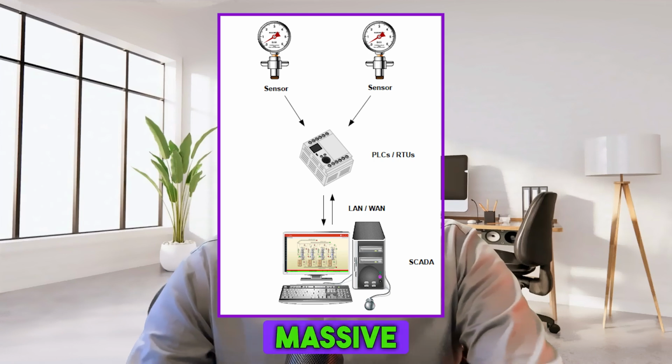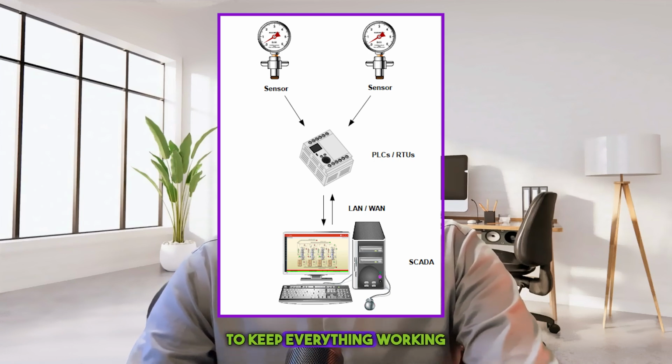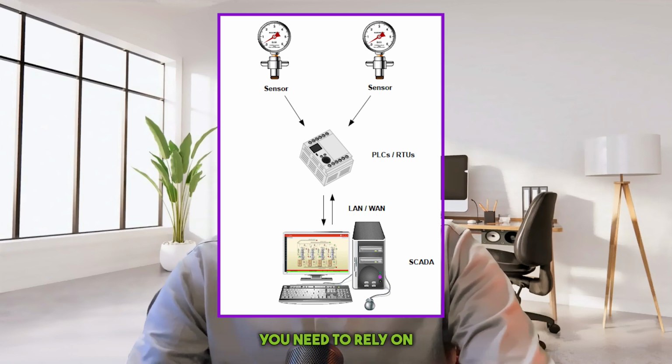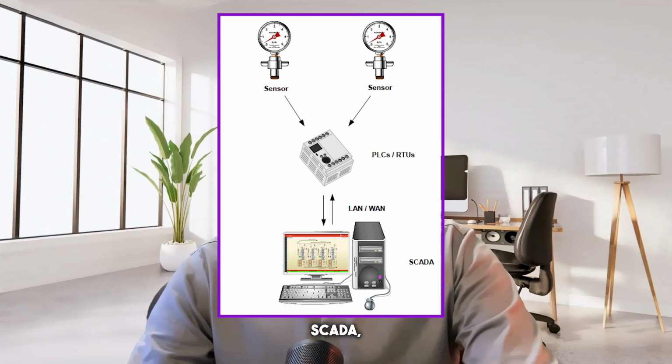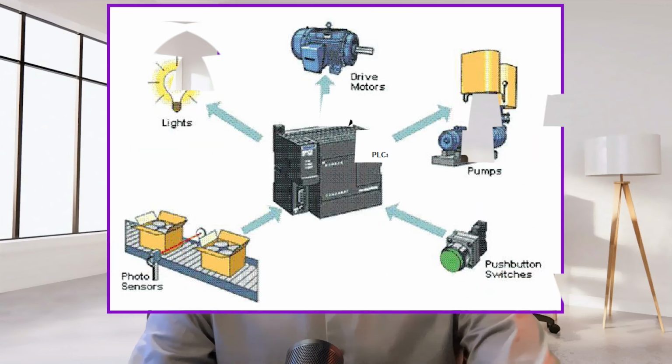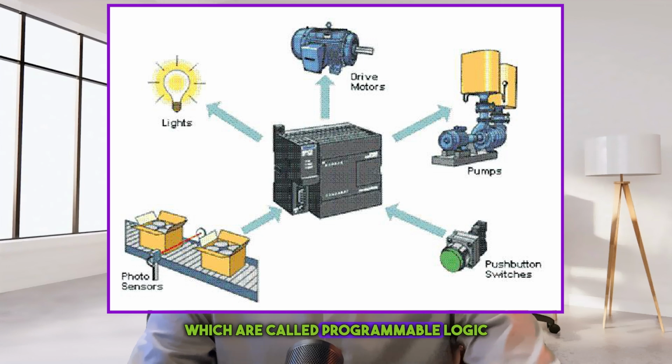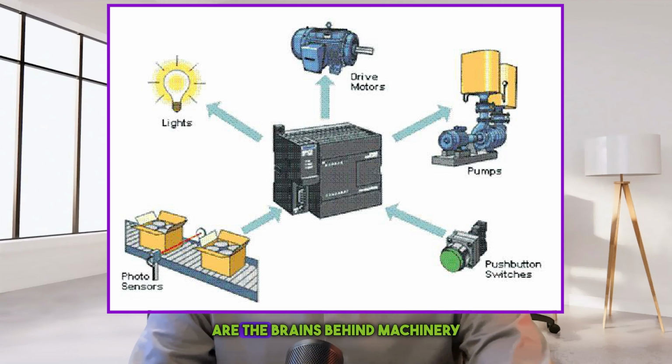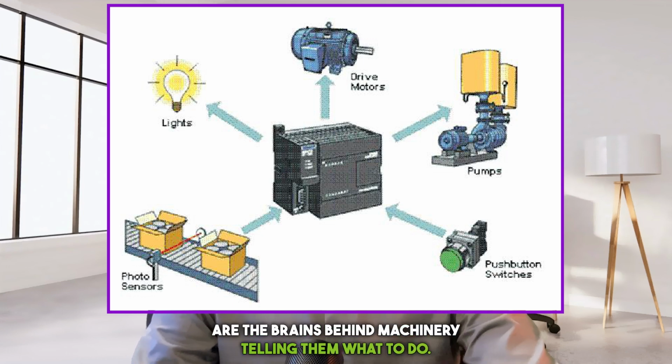Imagine you are running a massive factory. To keep everything working smoothly, you need to rely on systems like PLCs, SCADA, RTUs, and HMIs. PLCs, which are called programmable logic controllers, are the brains behind machinery, telling them what to do.